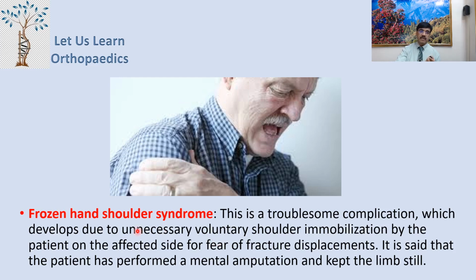Finally, the last complication, the frozen hand-shoulder syndrome. Now, this is a troublesome complication which develops due to unnecessary voluntary shoulder immobilization by the patient on the affected side for the fear of fracture displacement. It is said that the patient has performed a mental amputation and kept the limb still.